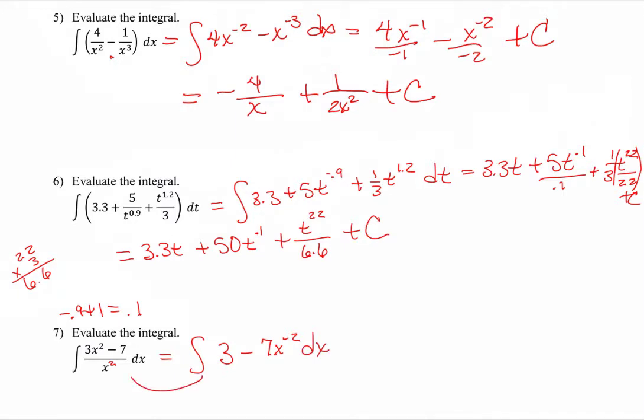So from here to here, I have 3x squared over x squared minus 7 over x squared. So this equals 3x minus 7x to the negative 1 plus c. So that equals 3x minus 7 over x plus c.